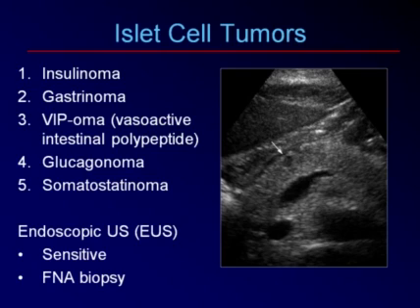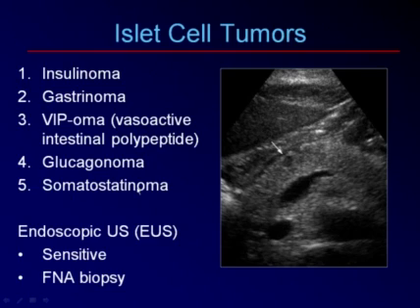These are islet cell tumors, and they have different names based on what they secrete. So if a patient is having too much insulin and having episodes of hypoglycemia, then these are insulinomas. If they have high gastric secretion production, these could be gastrinomas. There are vipomas, there's glucagonomas, there's somatostatinomas.